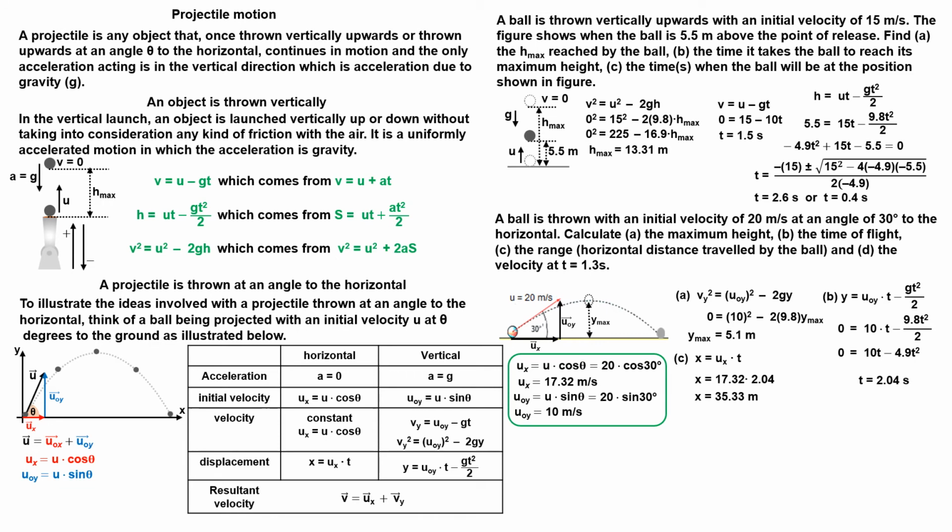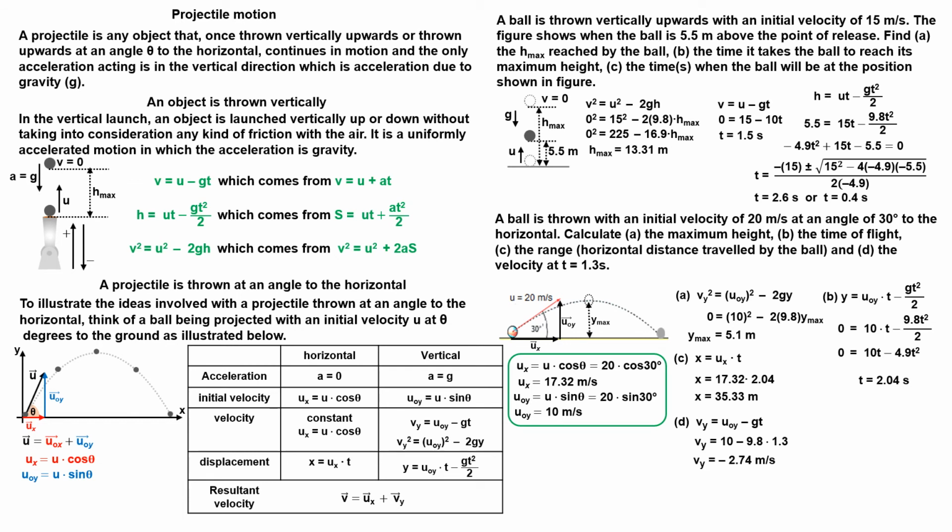To find the velocity at 1.3 seconds, we must find the vertical component at this time first. Take the formula and substitute the values. The vertical component is negative because it is downwards.